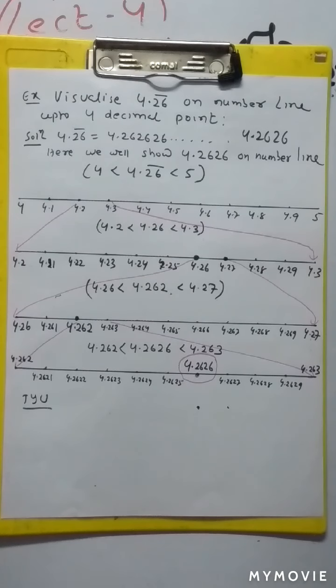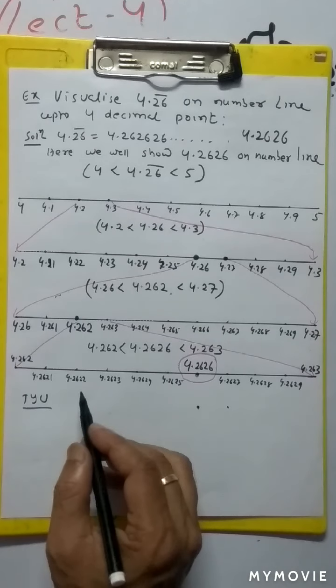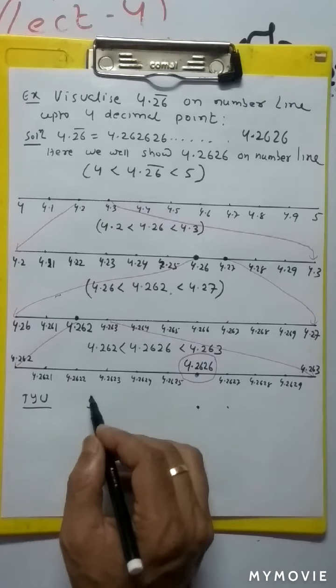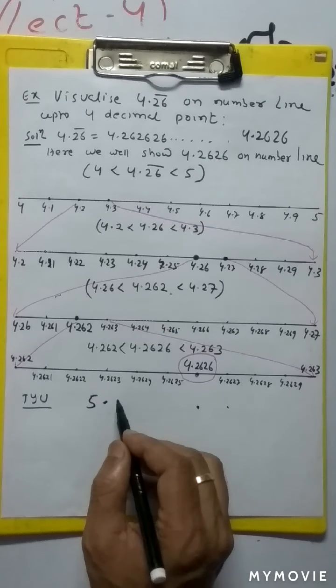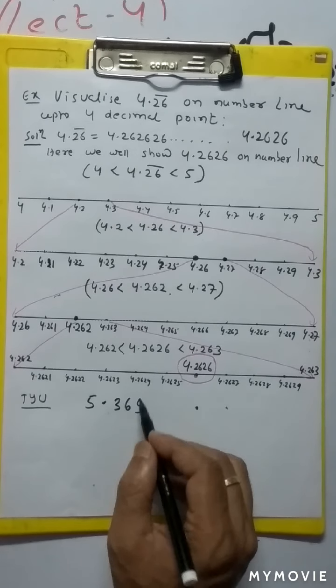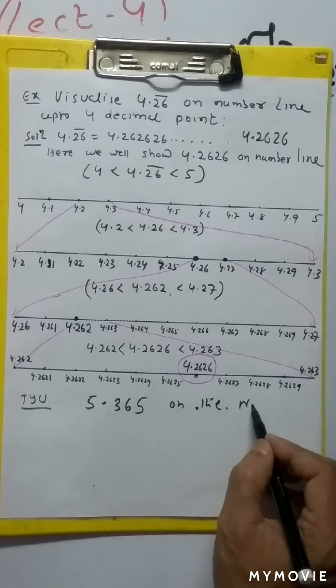Each part will be, now see, this is 4.262, which is nothing but 4.2620. First 4.2621, 4.2622, in that way finally you will get 4.2626. In this way you will locate various points on the number line. This is how you will represent it on the number line by the magnification method.